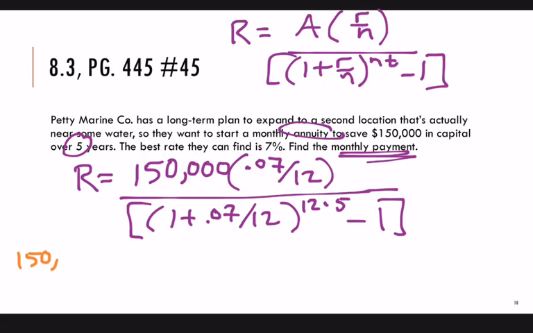Okay, so I did 150,000, and then I did times 0.07 divided by 12. You actually don't need parentheses there, but you can put it if you want to. Divided by, and then you do need parentheses around the denominator. We need another one around the parentheses that's there.